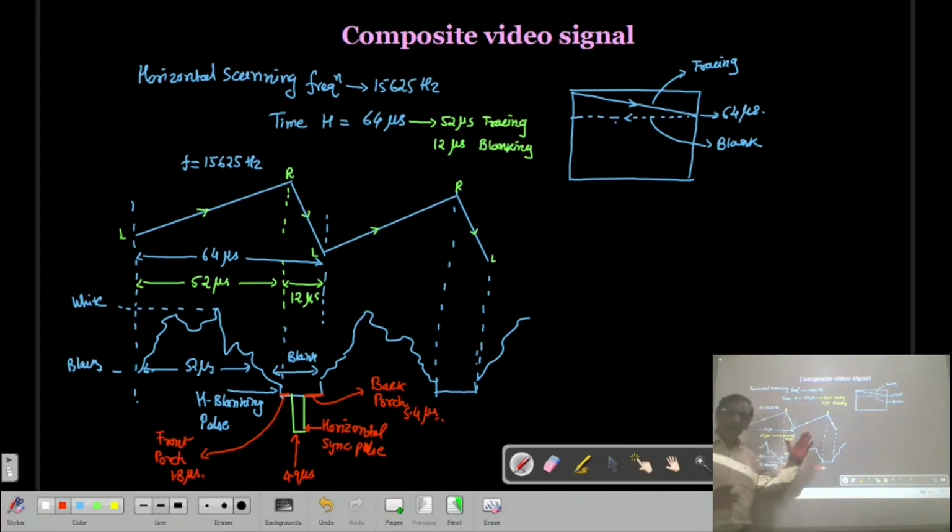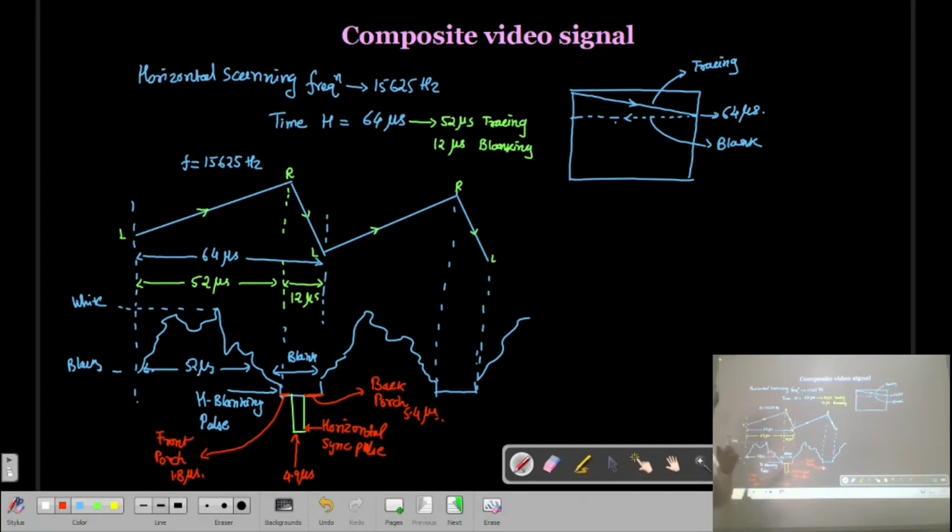In this way, when the horizontal scanning is taking place, during that time period the horizontal blanking pulse is added. With this horizontal blanking pulse, the horizontal sync pulse is also added.